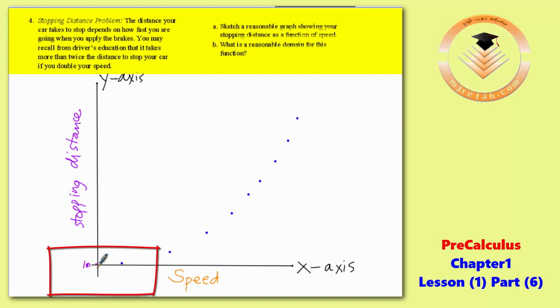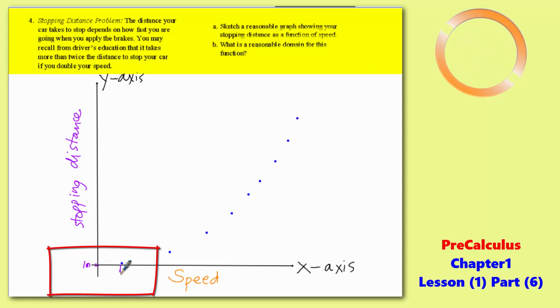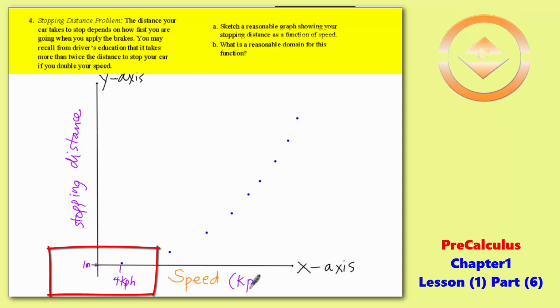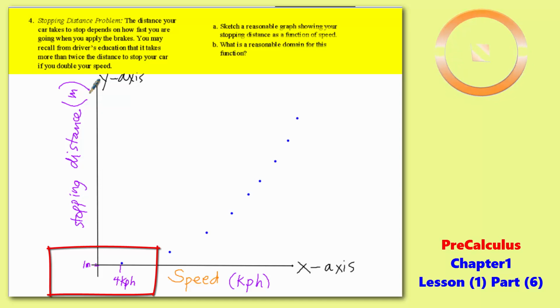Let's say our speed is in kph and our distance is in meters. So at the speed of 4 kph, let's say our stopping distance is 1 meter.